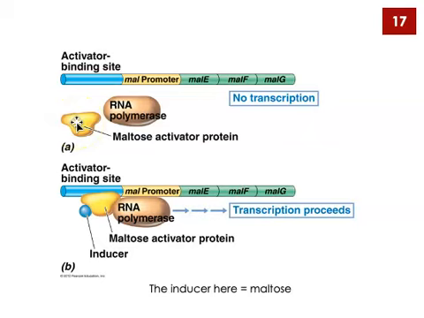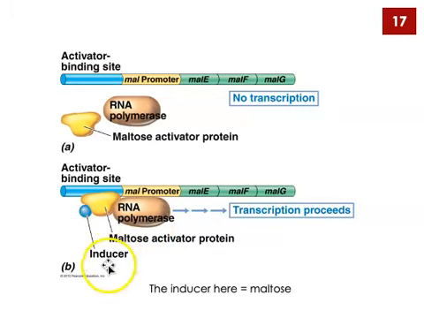And when it changes shape, it's able to bind to the activator site, shown in blue. So now this protein is actually sticking on the activator site of this gene. And by doing that, it makes it easier for the RNA polymerase enzyme to come in and bind to the promoter. And remember, the polymerase enzyme has to bind to the promoter in order for transcription to begin.